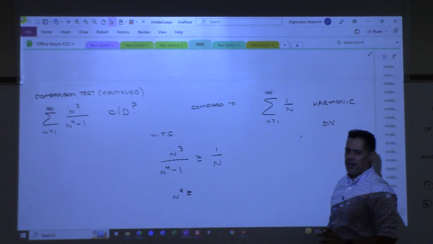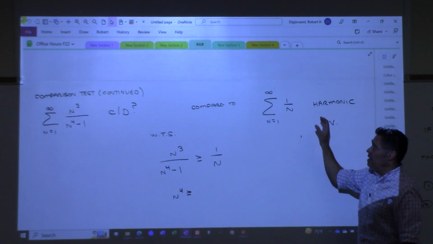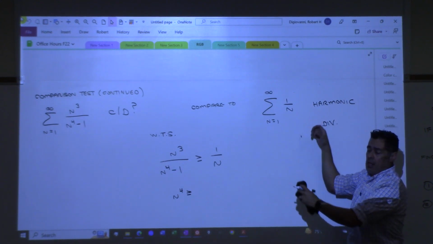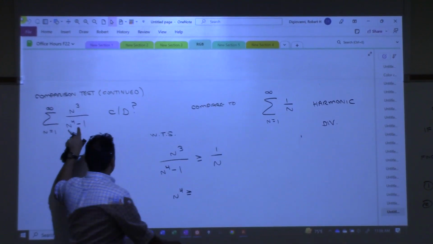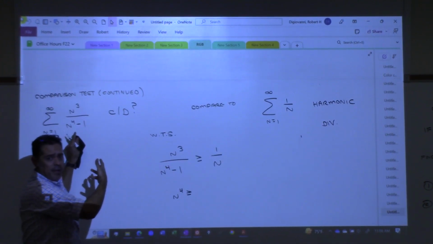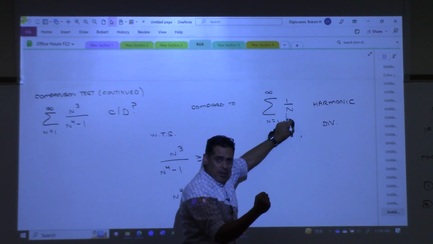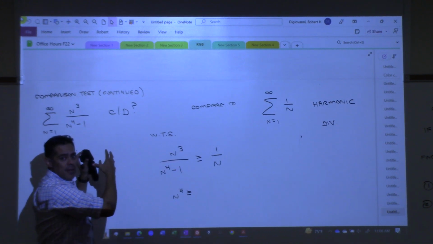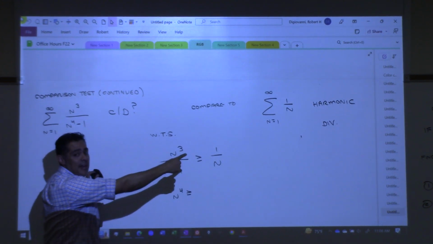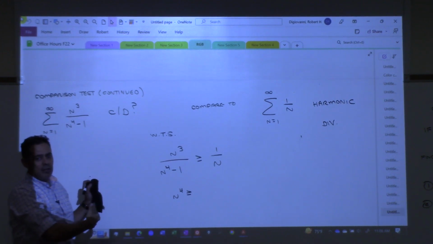That's what you have to understand here. If this diverges, then this adds up to be infinity. We need then that this is bigger than that. Think about it. If these are bigger than those, shouldn't this add up to be something infinite? Now, if this converged, that means these add up to be a number. So I want to make sure that these are smaller than those, because these would add up to be something smaller than that number, which means this would add up to be a number, which means it converges as well.